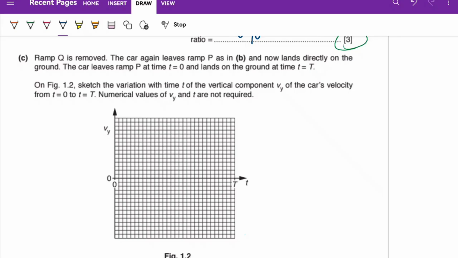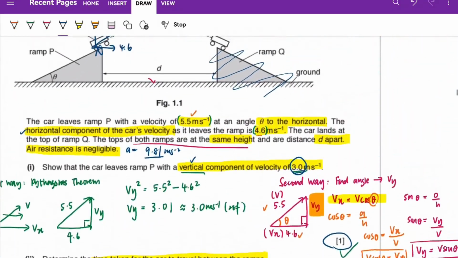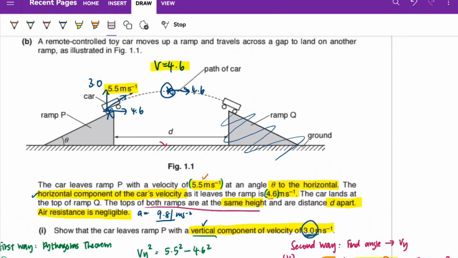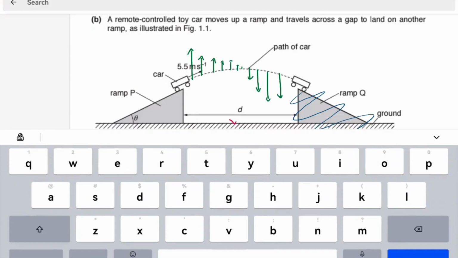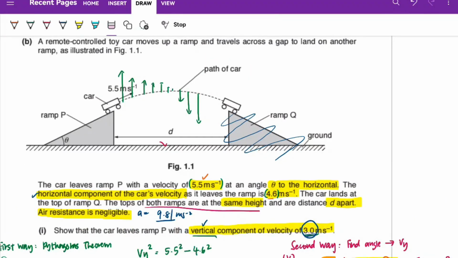Okay. Just now if you see, I go draw the pattern. Right. Okay, first, at this point, and let me erase. 5.5, then it will slowly decrease to 0. Then, from 0, it will increase back in other direction because it's moving in the opposite direction, right?